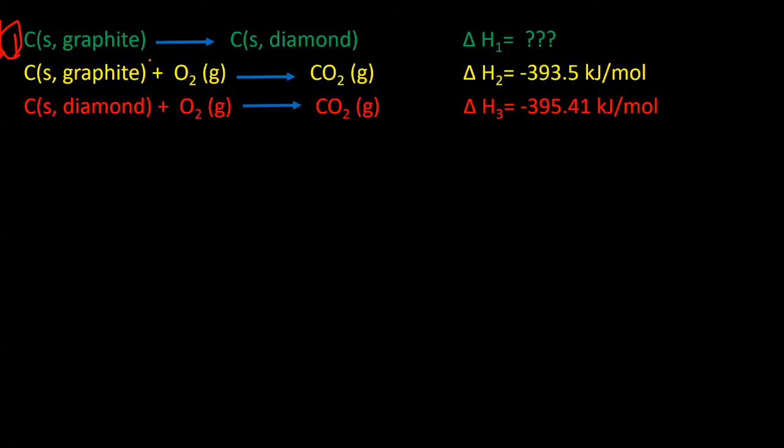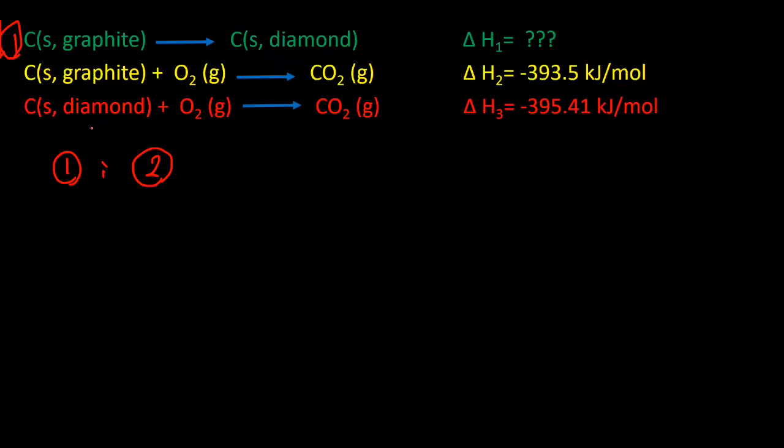So if I look at reaction number 1 that I want to find delta H for, I see I have graphite in my reactants. So I can say reaction number 1 actually is like reaction number 2, and I have one graphite here and one graphite here. So I need to use just reaction number 2. In the product, I see I have diamond.